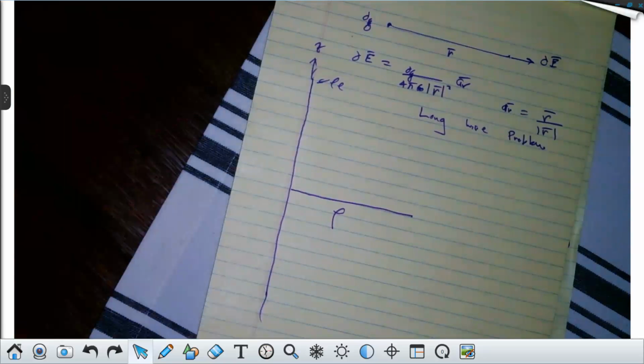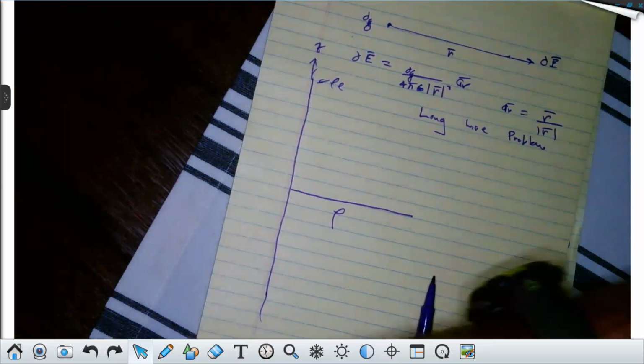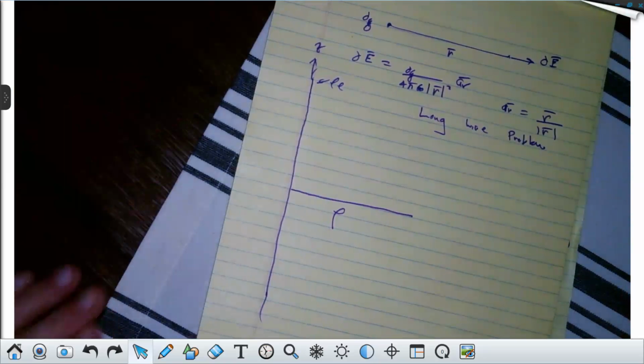Now, this problem lends itself to cylindrical coordinates. And the reason is this. Imagine for yourself that you have a long wire hanging down, and you come away from the wire at a distance rho, say 5 feet. Well, if I hold 5 feet away from that wire, it doesn't matter what aspect angle I come from.